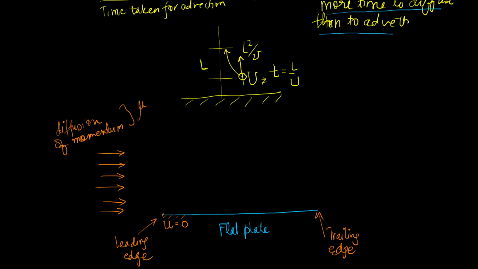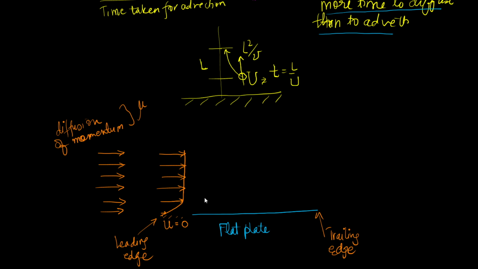So immediately at the wall, the velocity profile will still be this, but very close to the wall, the velocity will become zero. The velocity will look something like this.